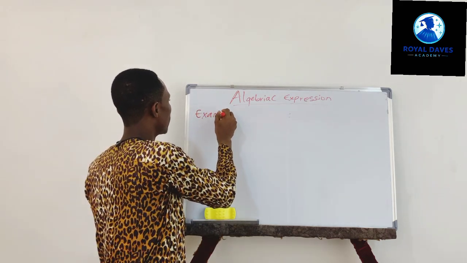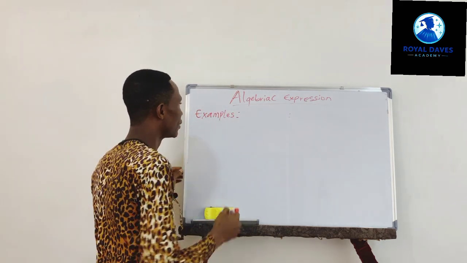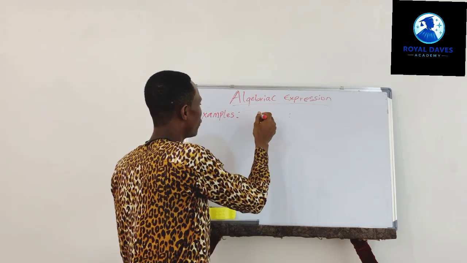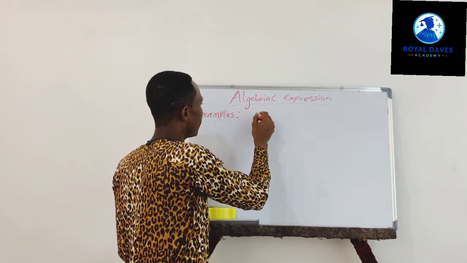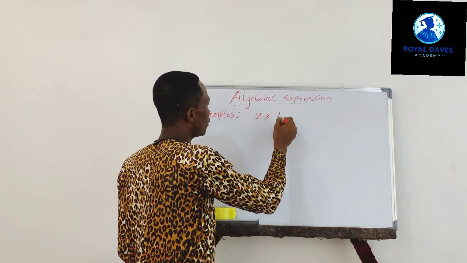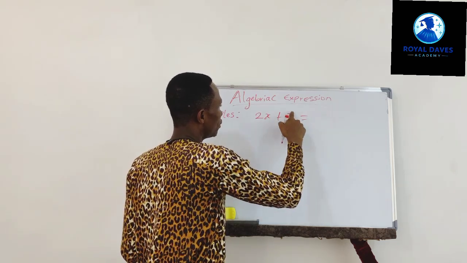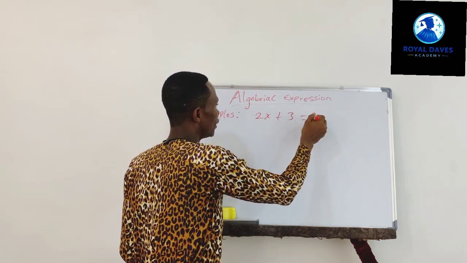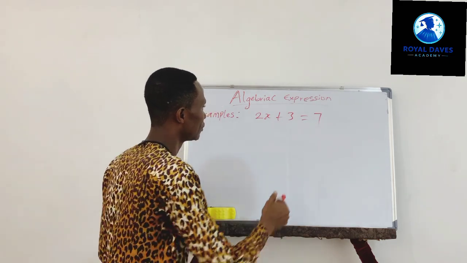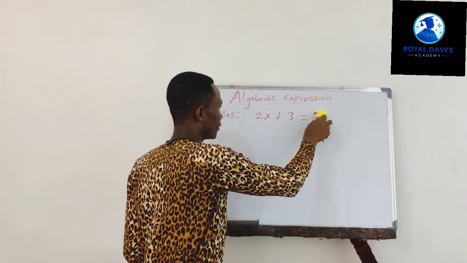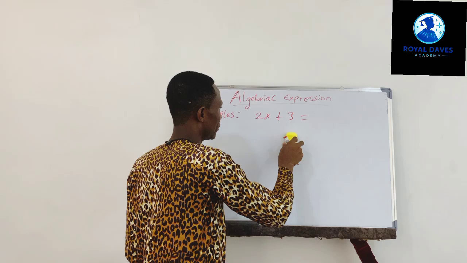If you have 2x plus 7 is equals to... 2x plus 3 is equals to 7, equals to 10 rather. Let me make it this way, 2x plus 4 is equals to 10.